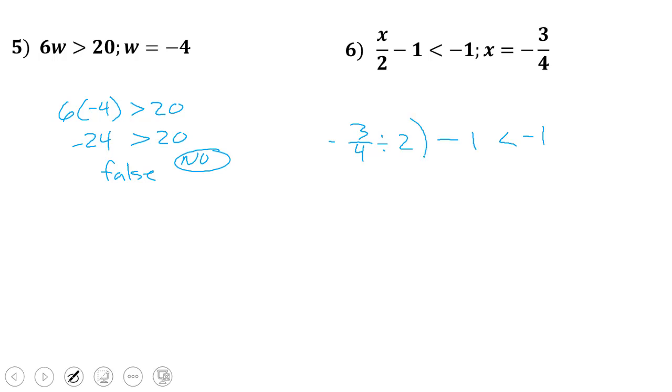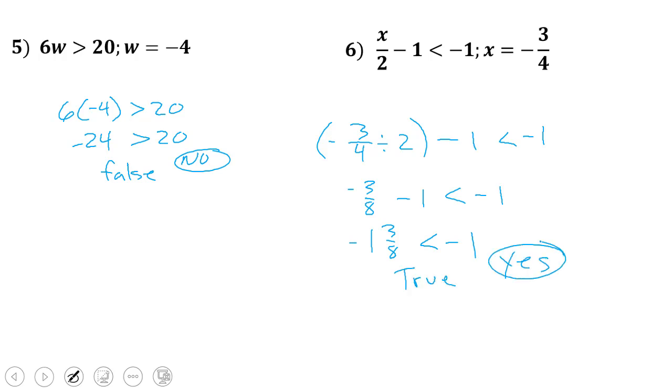My order of operations says I'm going to divide first. And when I divide first, I get negative 3/8 minus 1 is less than negative 1. And of course, that's negative 1 and 3/8 is less than negative 1. Is negative 1 and 3/8 less than negative 1? Yes, that is true. So the answer is yes. It's that plain and simple.